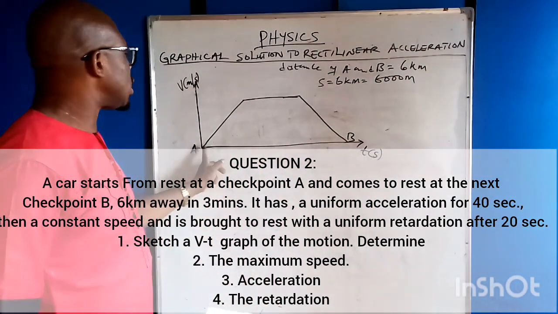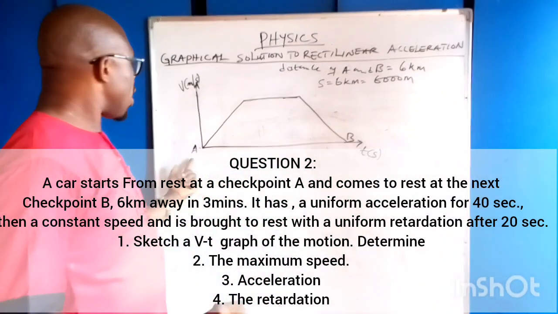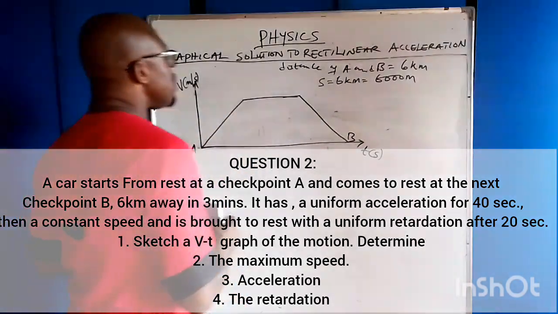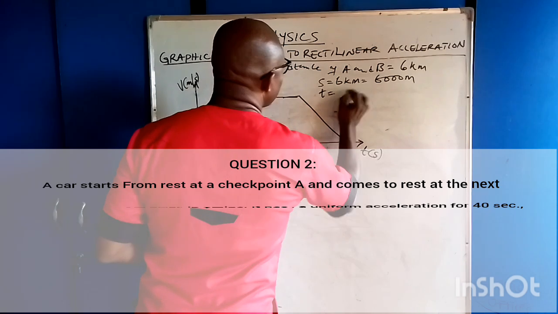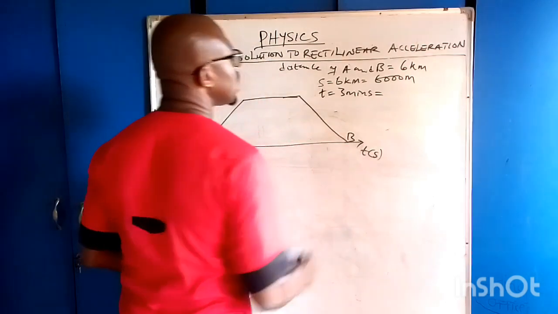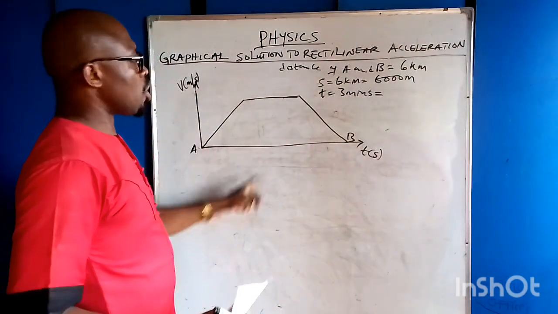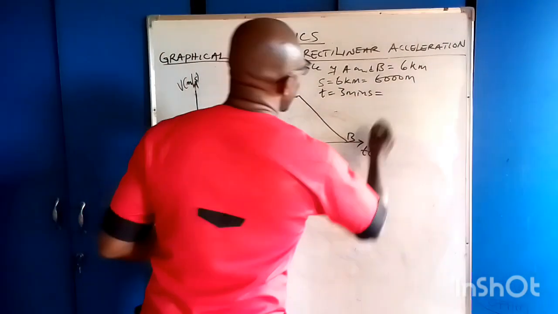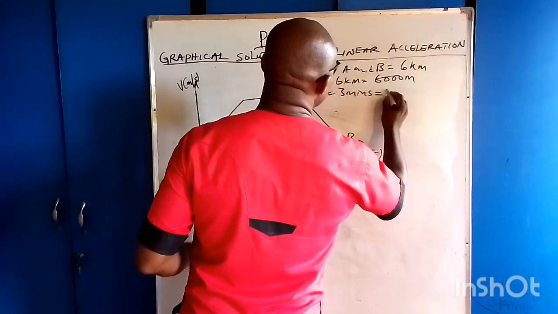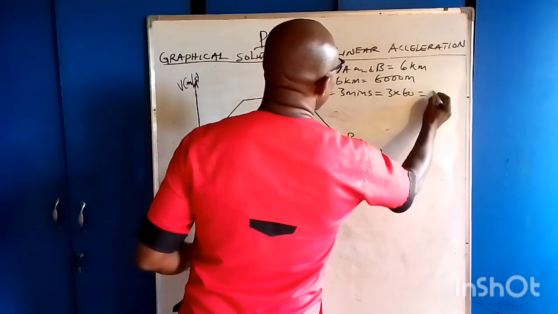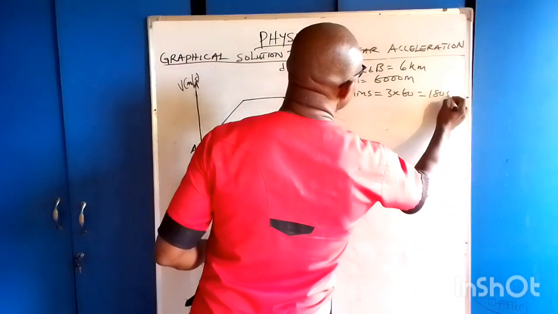Remember, the question says it took the car 3 minutes to move from point A to point B. Now, time is 3 minutes. You need to convert it to seconds, because this graph is in meters per second. So 3 times 60 gives us 180 seconds.